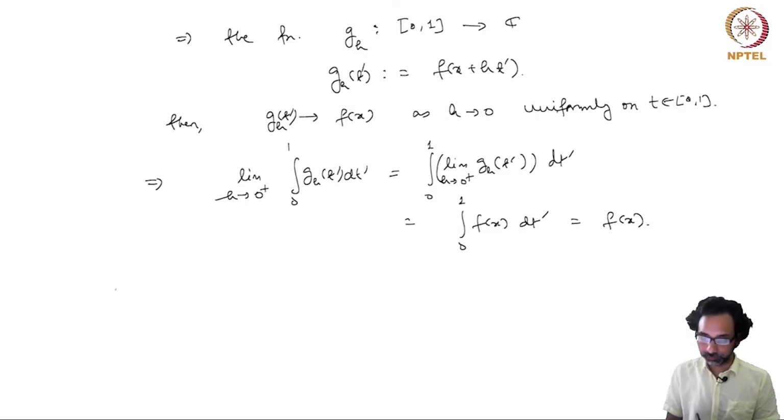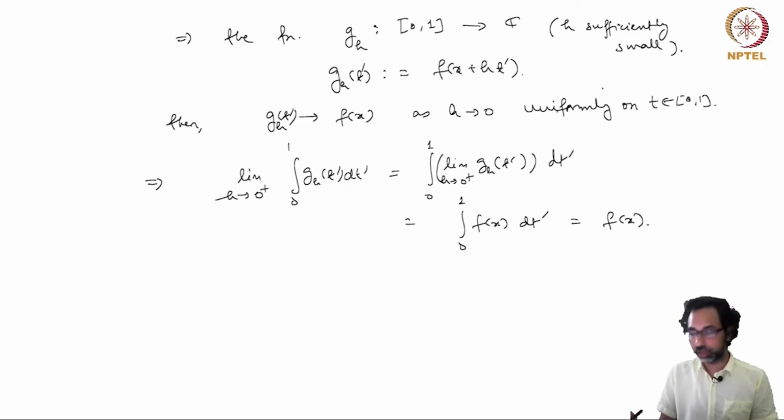And similarly you can prove, so remember that g_h was defined for h sufficiently small and fixing an x in (a, b).